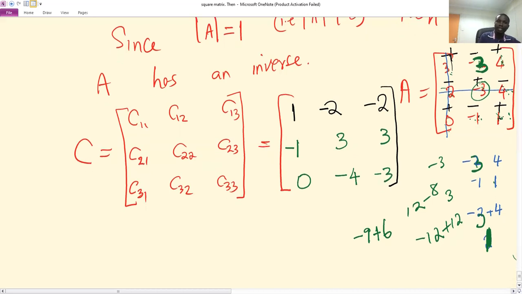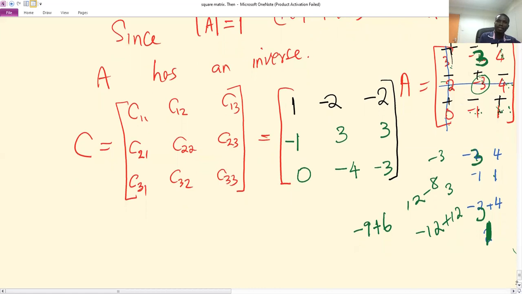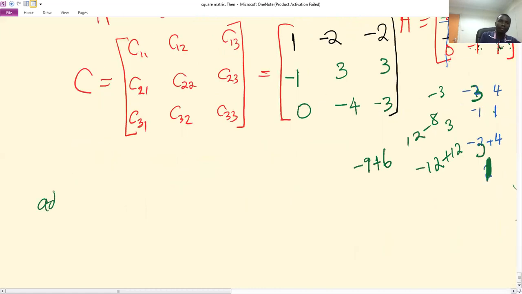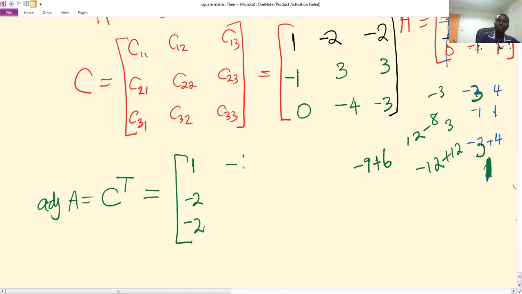Which tells us that the adjoint of A, which is the same as the transpose of the cofactor matrix, will be given by 1, minus 2, minus 2; minus 1, 3, 3; 0, minus 4, and then minus 3. So that's what we have.